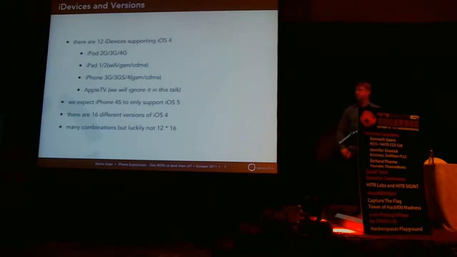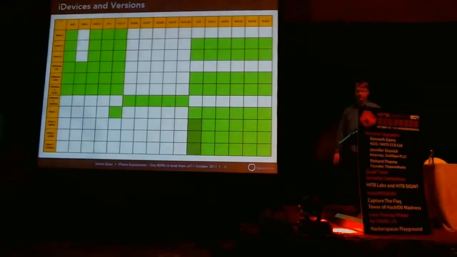You see there are 16 different versions of iOS 4 at the moment, and when you do the math, there are probably 12 times 16 versions, but luckily that's not the case. When you look at this little picture, you see that not all of the versions are available for all of the devices.